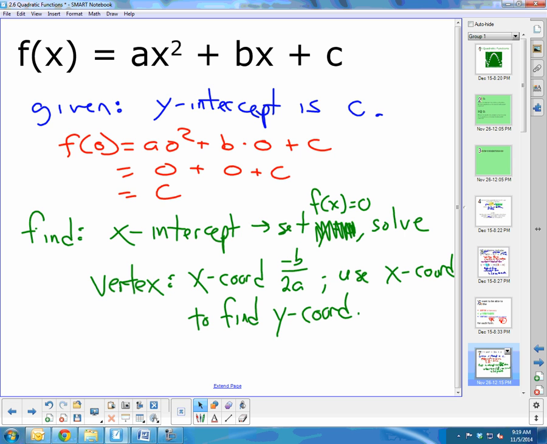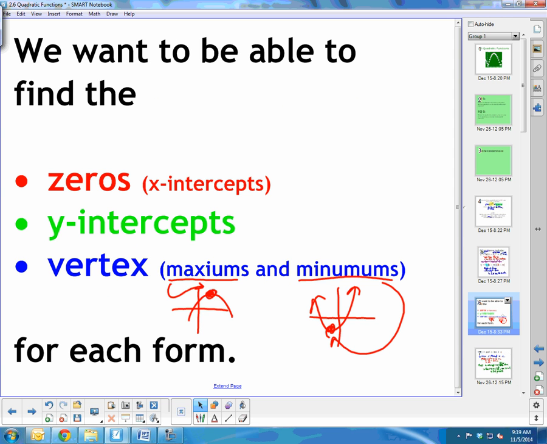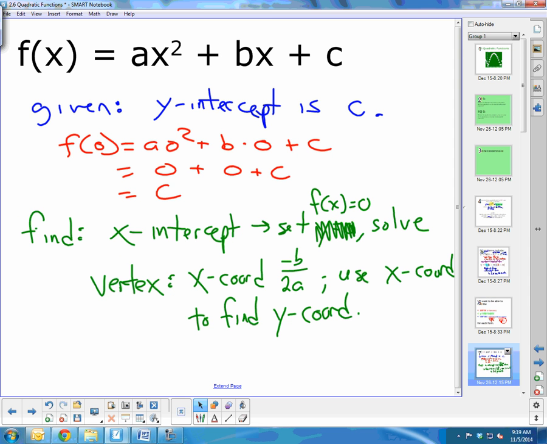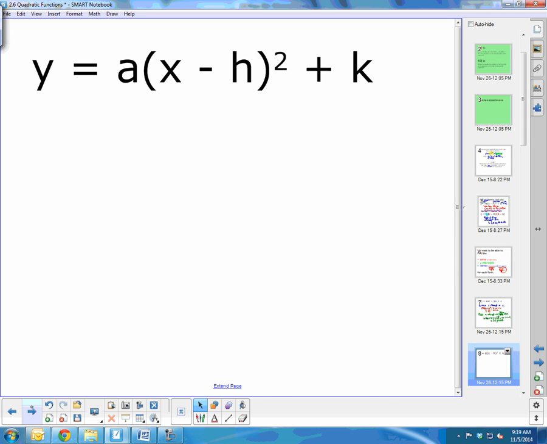The vertex is a point. You need two coordinates. An x-coordinate you calculate from negative b over 2a, and you would use that x-coordinate to find the y-coordinate. So of the three things that we want to find, x-intercepts, y-intercepts, and the vertex, this form gives us one of them directly, and we have to calculate two of them ourselves. And that's actually going to be a pattern through the three forms. One of the things that we want to find will be given. The other two we will have to calculate.